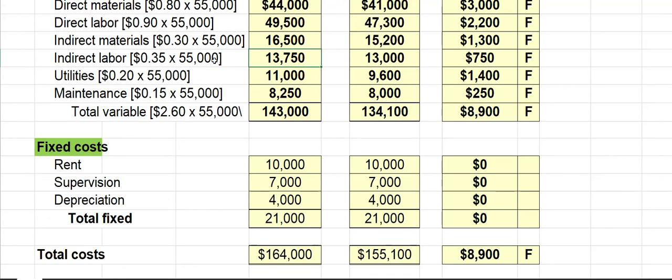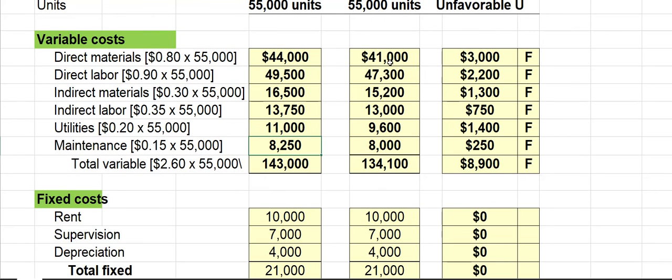We do the same thing for indirect labor, 35 cents per unit times 55. Utilities, 20 cents per unit times 55, we get 11,000. And for maintenance, it's 15 cents per unit times 55,000 units, and we get our budgeted cost.